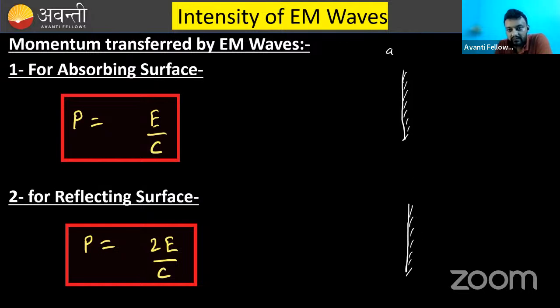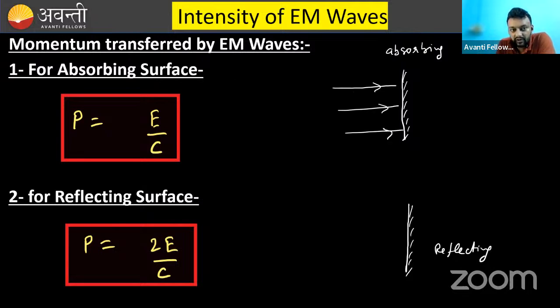One is an absorbing surface. Another is a reflecting surface. You can see here, both surfaces are represented. Whenever the EM waves are coming and strike perpendicular to the surface, mark my word, these relations are valid for this perpendicular or normal incidence.